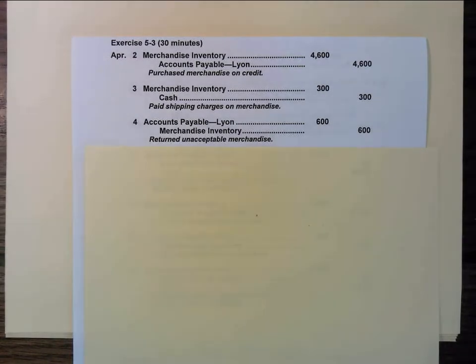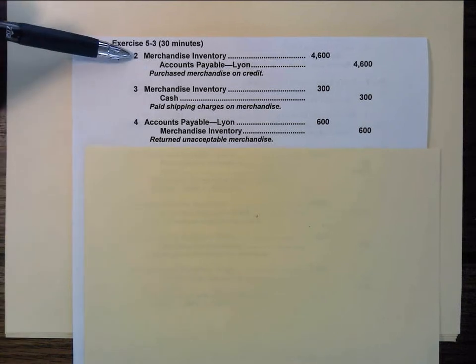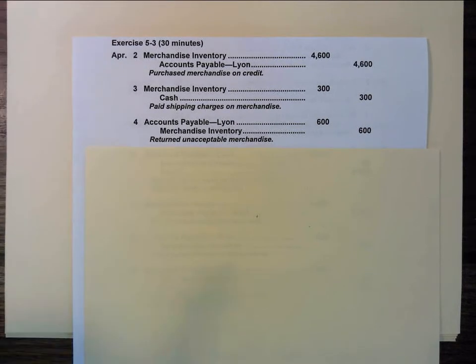Just the inverse of the entry that we did to buy that, right? So right now we know that what? We owe them $4,000 and we have $4,000 worth of inventory.